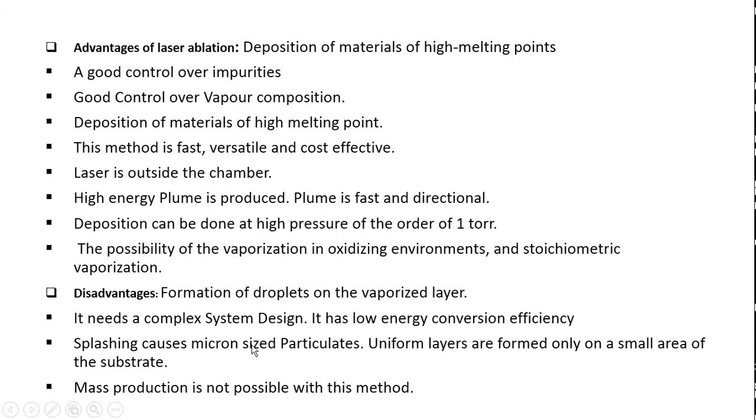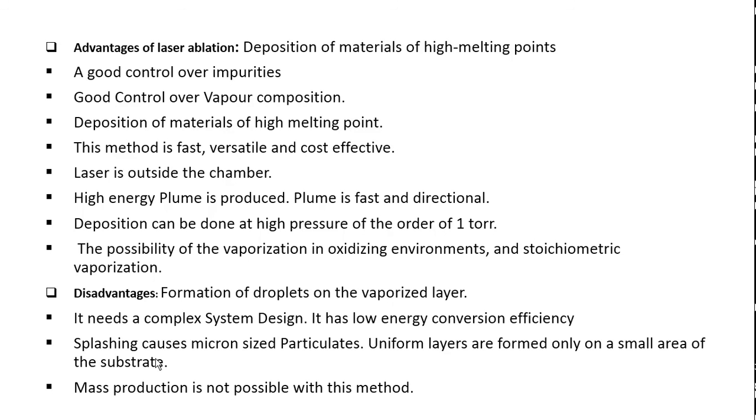Splashing causes micron-sized particulates. The particles produced will be of micron size, and splashing means the focusing of the laser beam upon the target causes these particles to splash from the surface of the target.